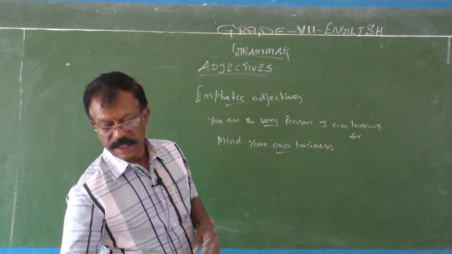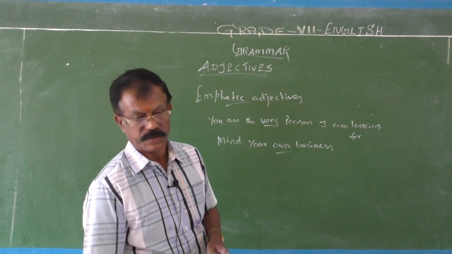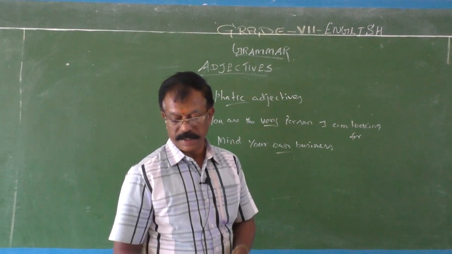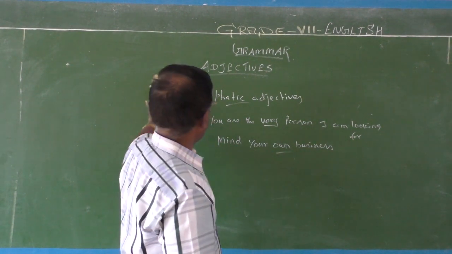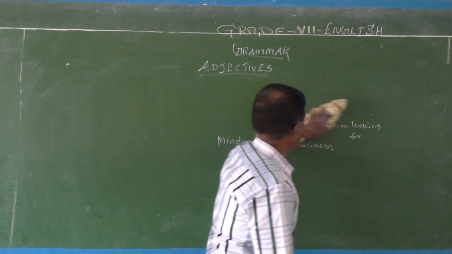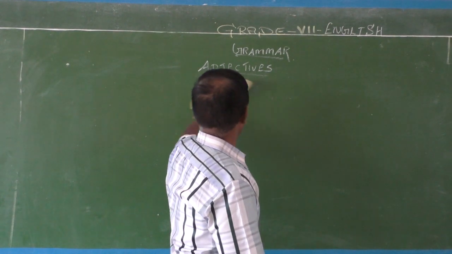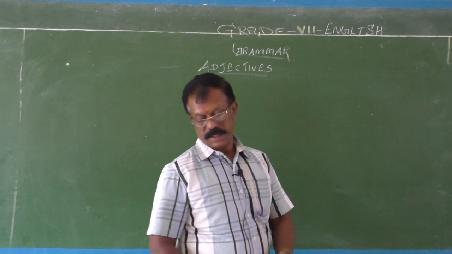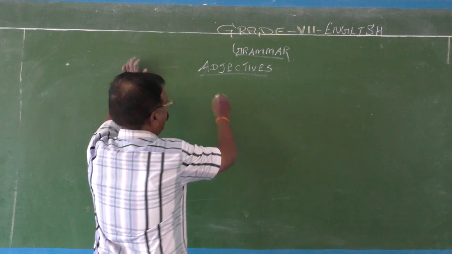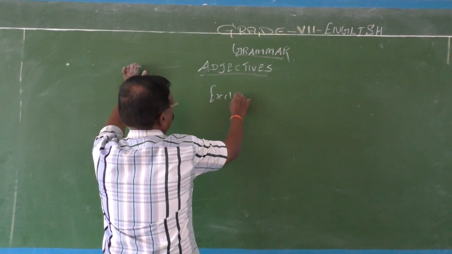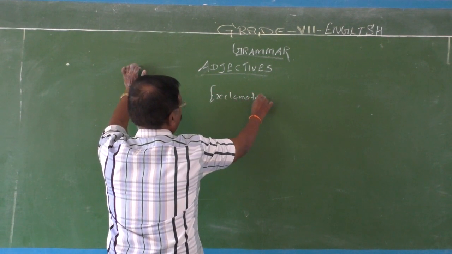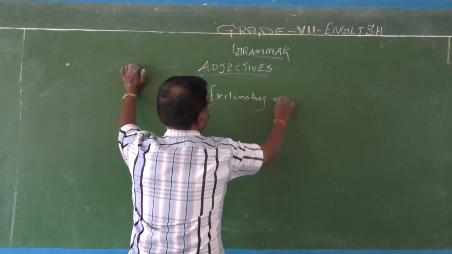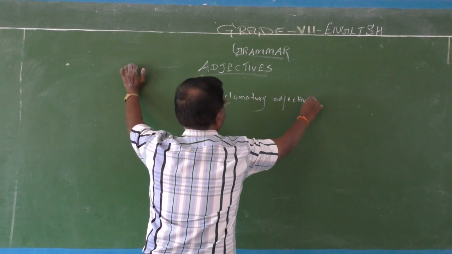They are called exclamatory adjectives. They help us to frame exclamatory expressions. They are called exclamatory adjectives. Okay.